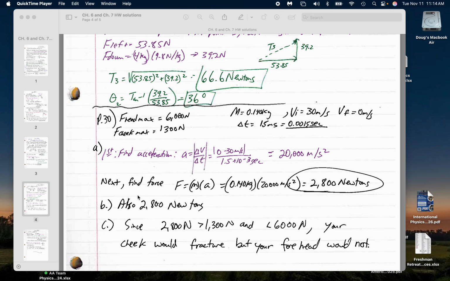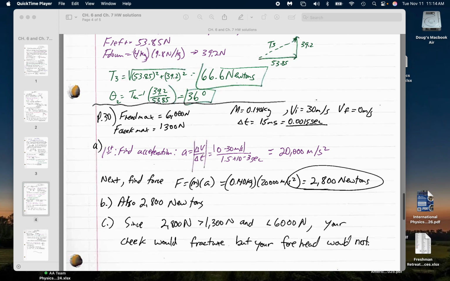So A and B for that are going to be equal to each other, interactive forces. And so then if that hits the head, you're going to be fine because it's less than 6,000 newtons, which is the force necessary to crack your skull. If it hits your cheek, it's a problem because it's more than 1,300 newtons, which is required to fracture your cheek. Pretty cheeky.